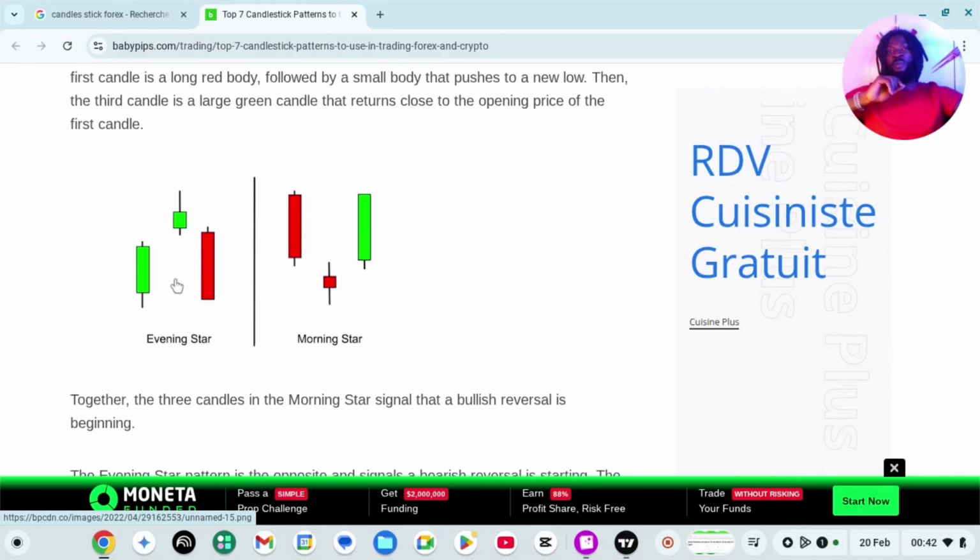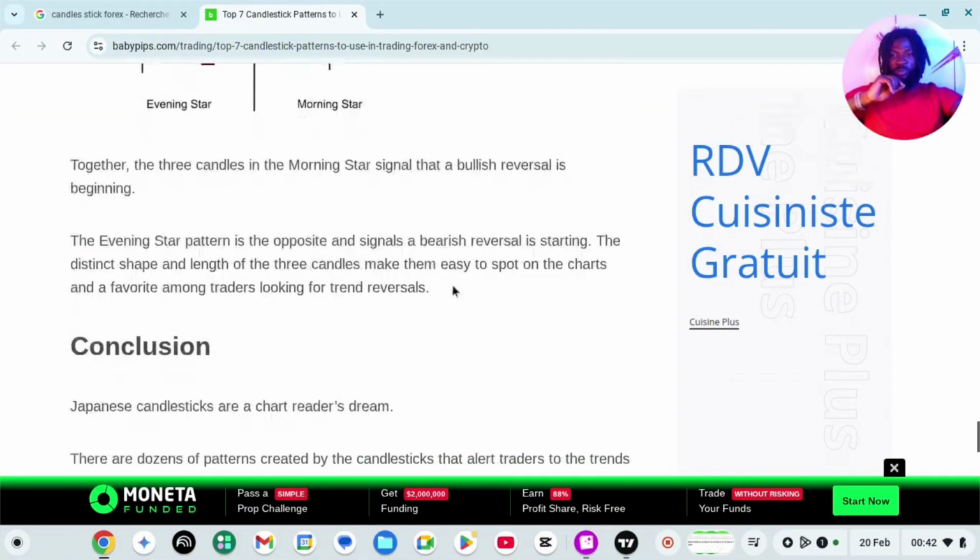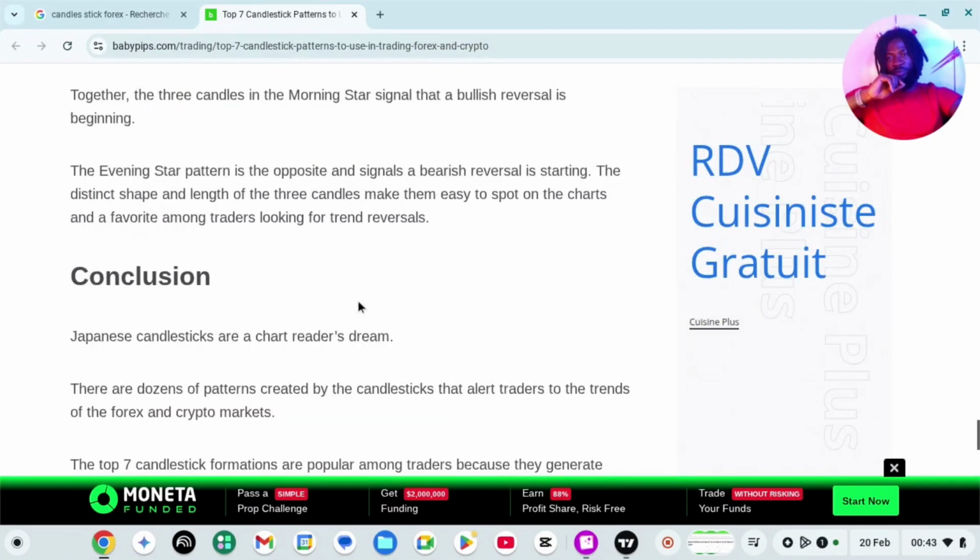If the market is in an uptrend and we go to our resistance level and see this evening star, this 3 candle, trust me, it's a very powerful reversal pattern to the downside. All right, so I think it's finished.